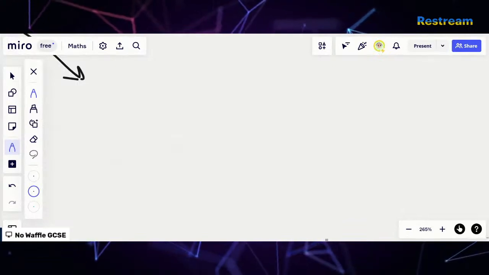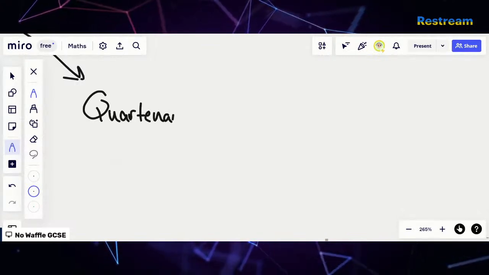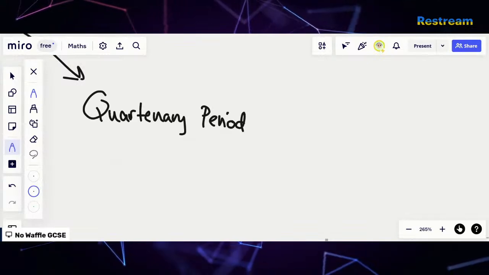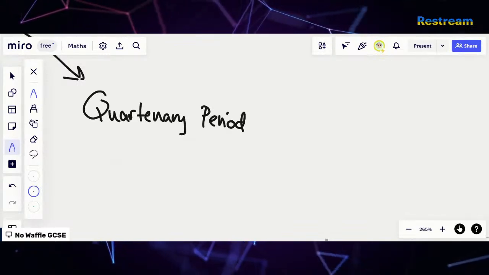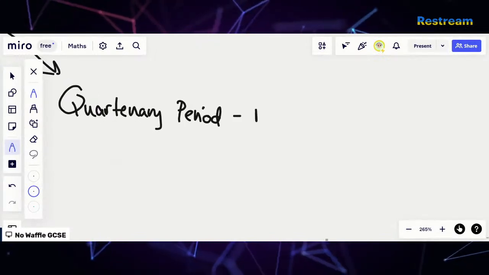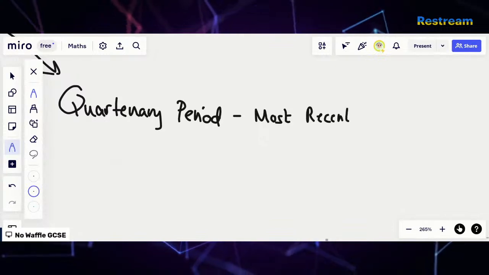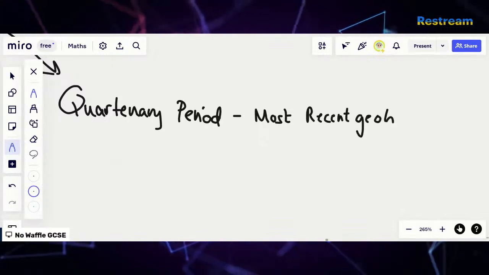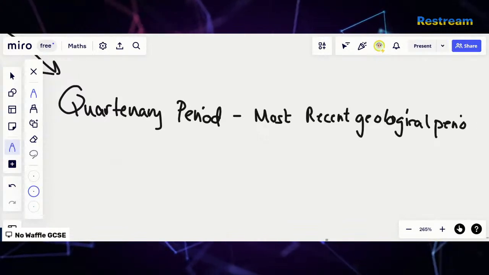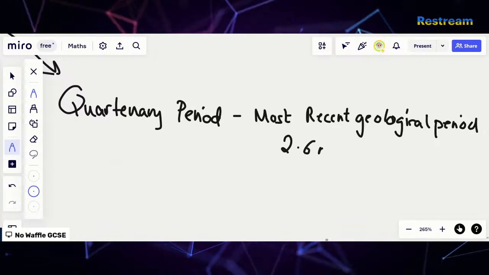There's the Quaternary period. Now, the Quaternary period, this is the most recent geological period. And this happened 2.6 million years ago.